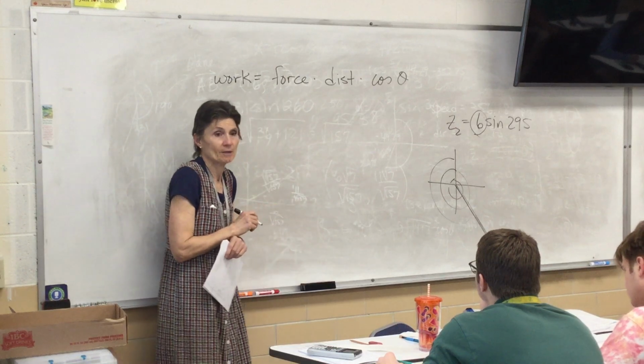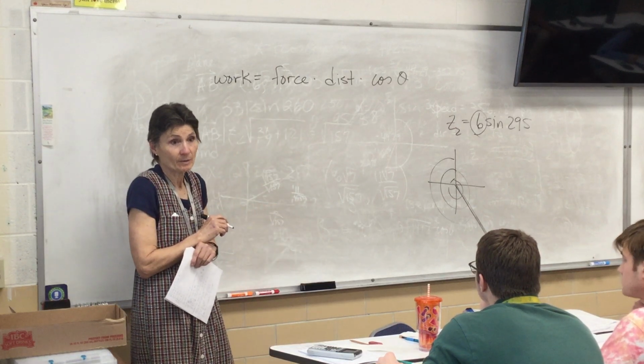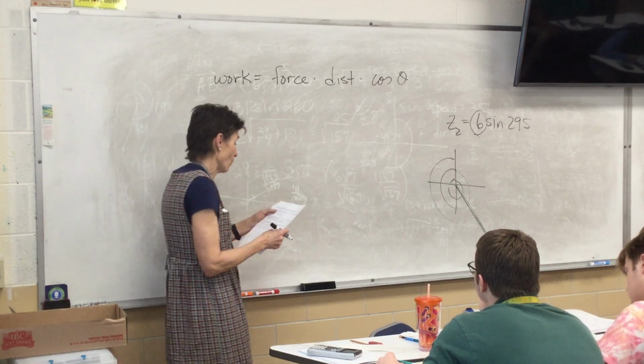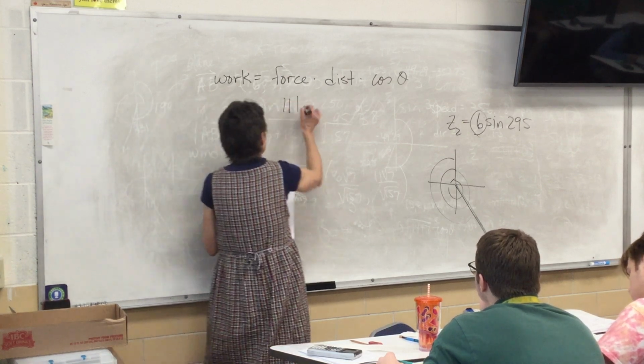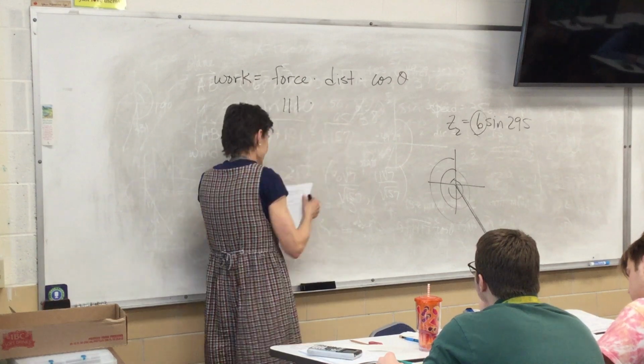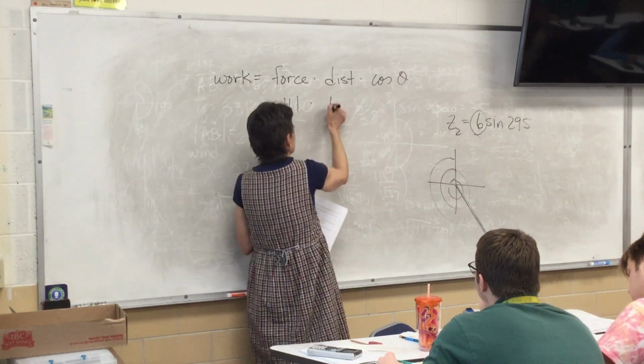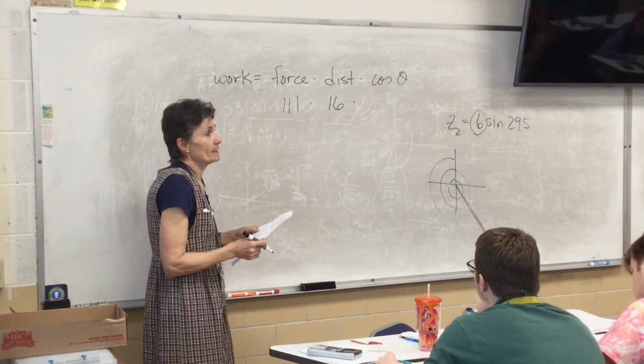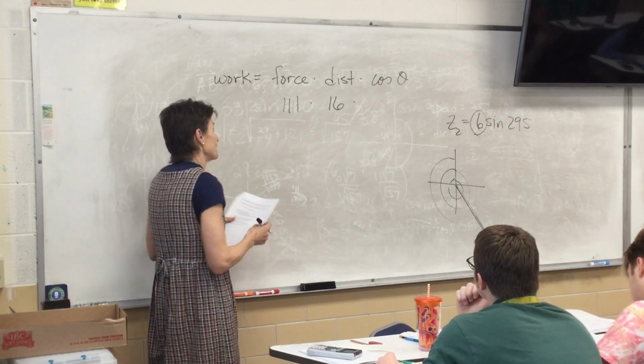It's an application of the dot product. Okay, you need to know that in order to do the problem. So what's my force? 111. What's my distance? 16. And the unknown is the angle. I don't know what the angle is.